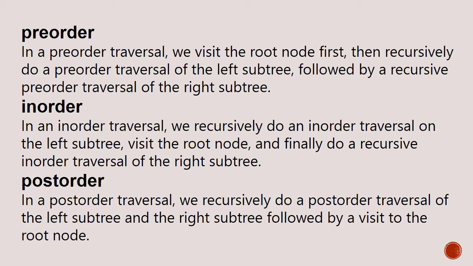In case of in-order, we first visit the left subtree of the binary tree in an in-order traversal, then we visit the root node, and finally we do a recursive in-order traversal of the right subtree.